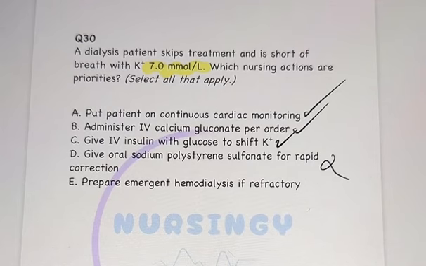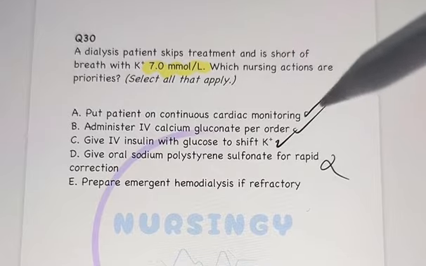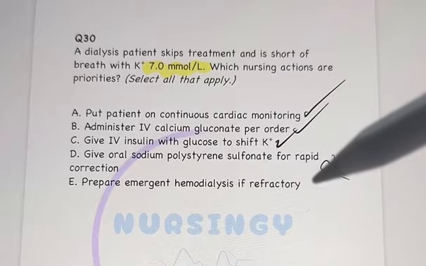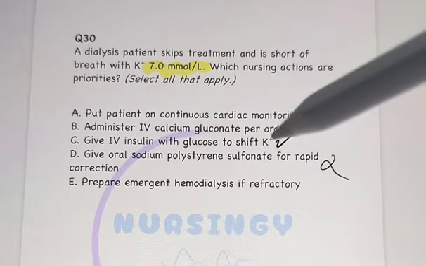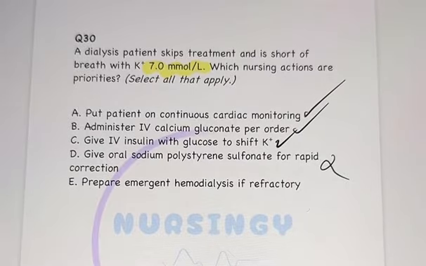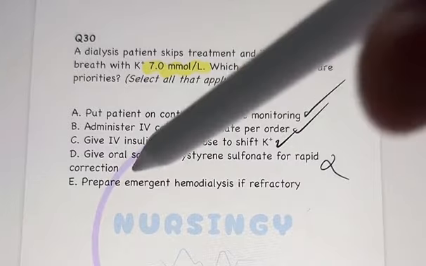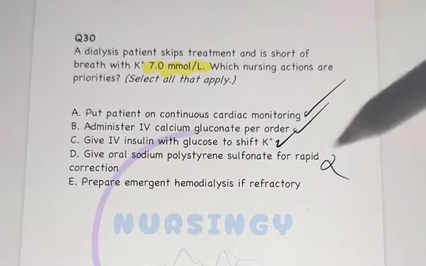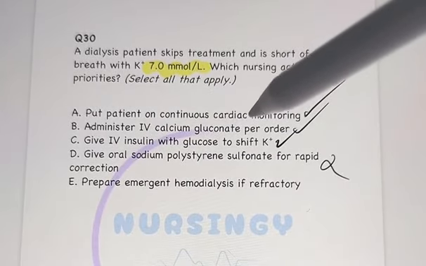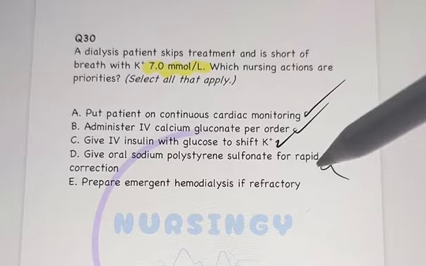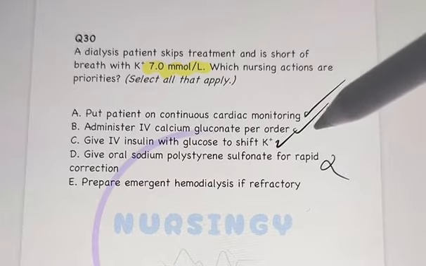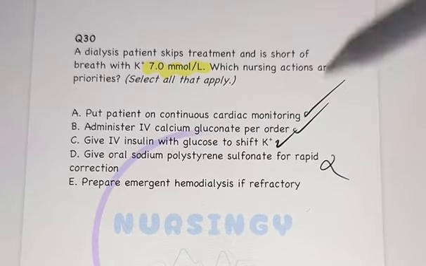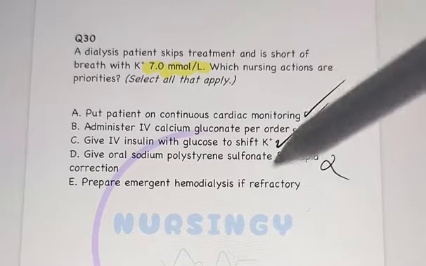It will remove the potassium, excreted in feces, but the action is very slow, so it's not first-line treatment. It won't do anything for what is already inside the body.